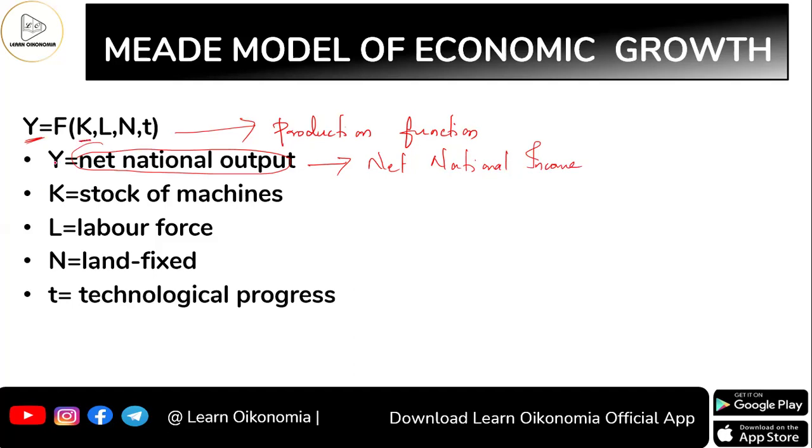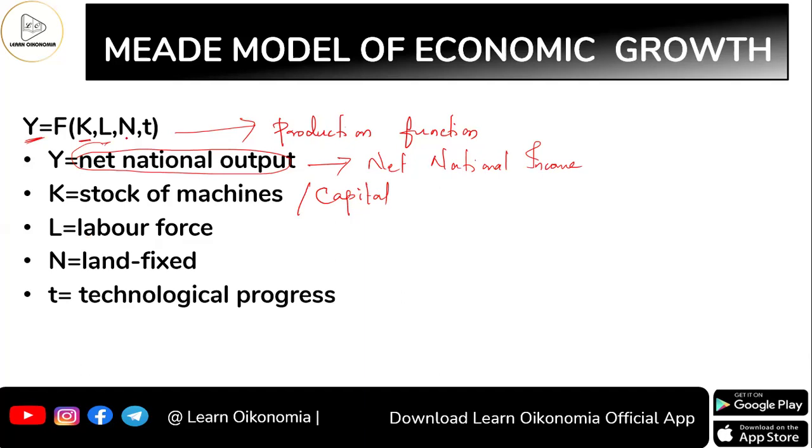K is the stock of machines, or we could say the capital in the economy. And L stands for labor force in the economy, the number of people who are in the labor. So this is what is meant by L.